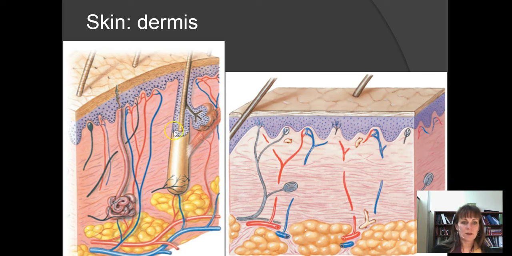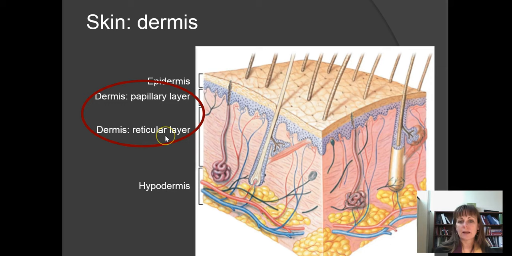Now the other thing you may notice is these blood vessels that we're going to have running through the different layers. What we have here is the subpapillary plexus, and that's going to be some different blood vessel layers there.